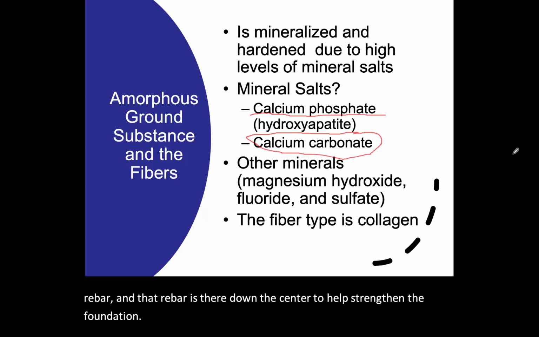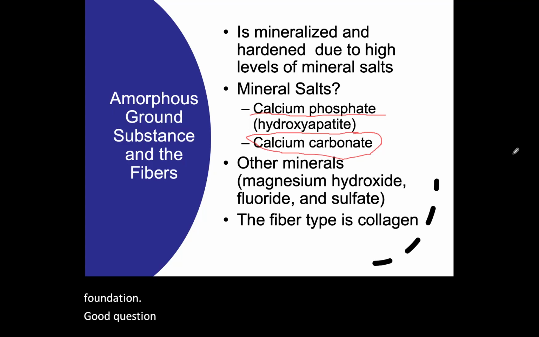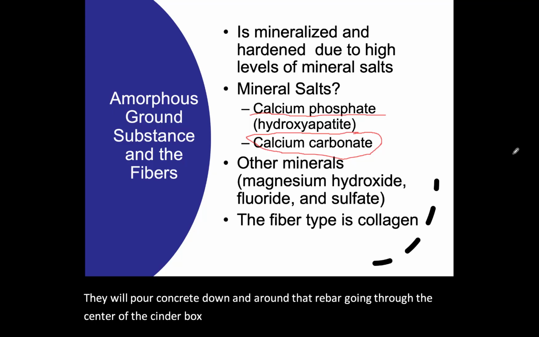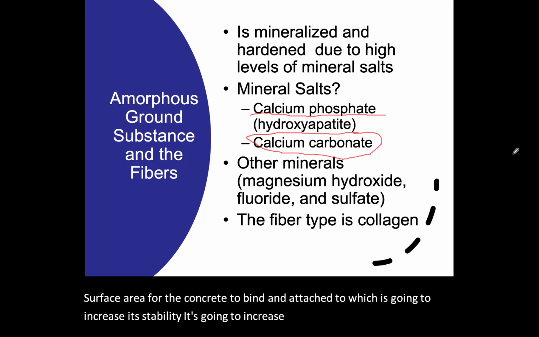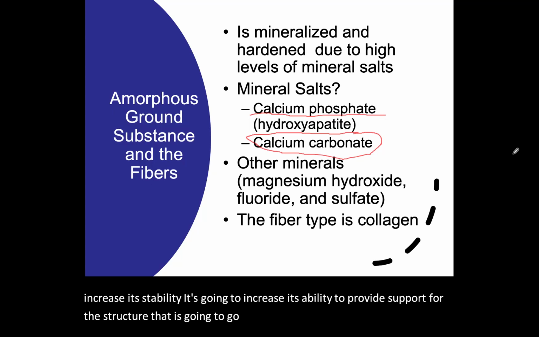That rebar is there down the center to help strengthen the foundation. How? Good question. They will pour concrete down and around that rebar going through the center of the cinder blocks. As the concrete hardens, the rebar provides more surface area for the concrete to bind and attach to, which is going to increase its stability. It's going to increase its ability to provide support for the structure that is going to go on top of the foundation.